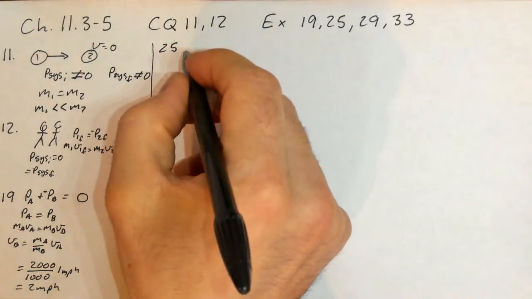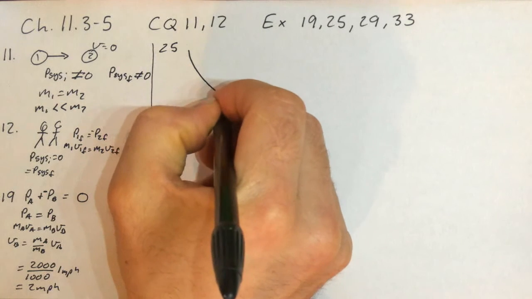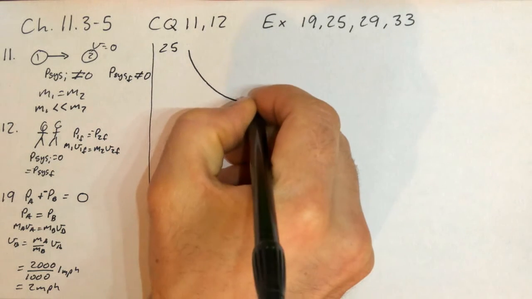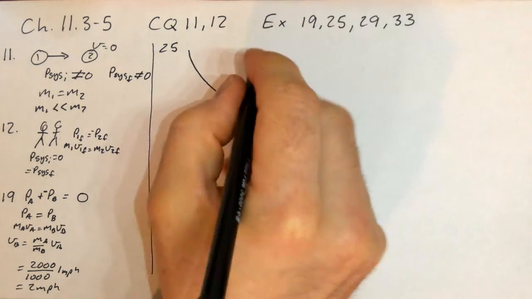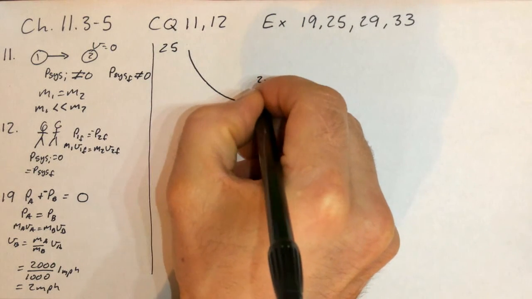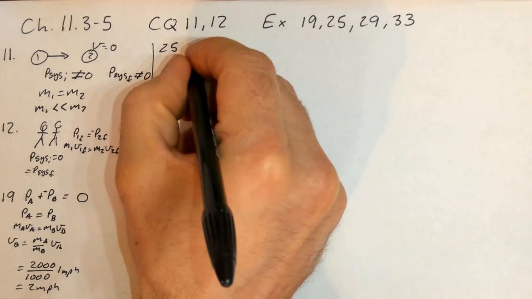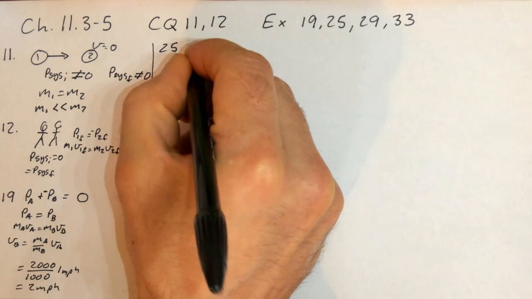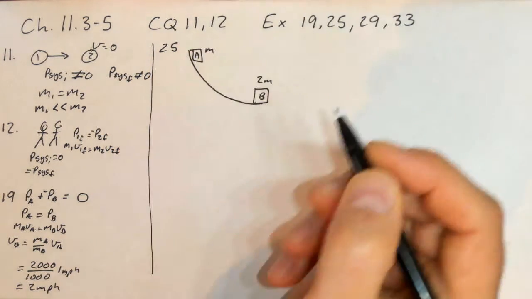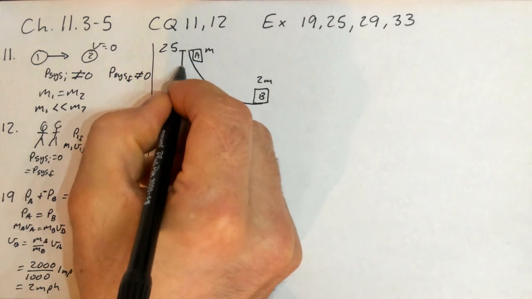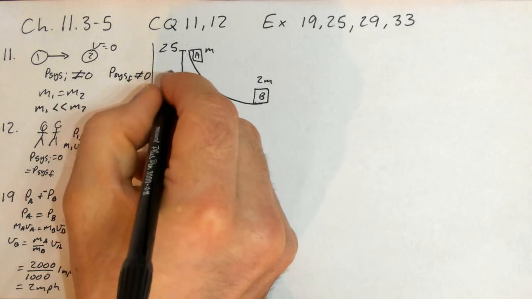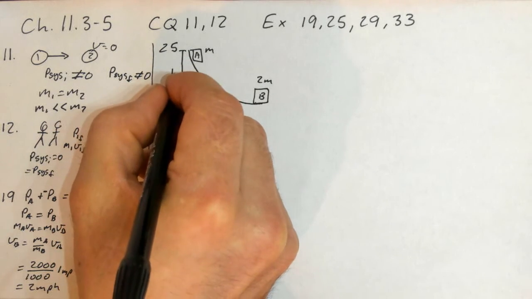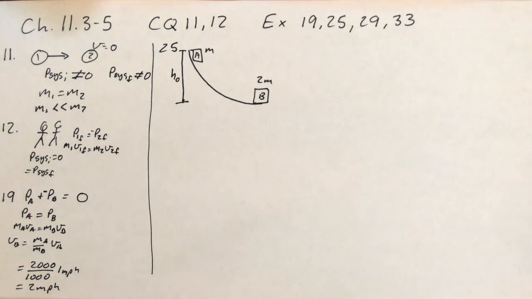Okay, so 25, we have this system here. We have one package here below, and we're told it's of mass 2m. I'm going to call it package B. We have another package here, we call that A, and we know it's got a mass of m. It's on this frictionless chute, and the packages start at a height, I'm going to call that H initial.